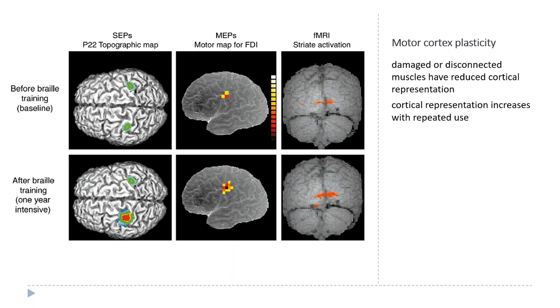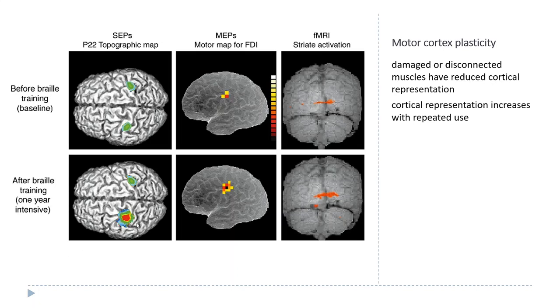And you can see up here that when they first did it, before they actually trained the people to read Braille, the left and right sides give you the same level of activity when trying to do the task because they've never done it before, and so you would expect both sides to kind of contribute the same amount. But then they trained these people to read Braille over a year. So this is a lot of practice with reading Braille.